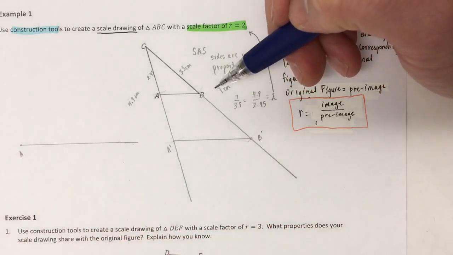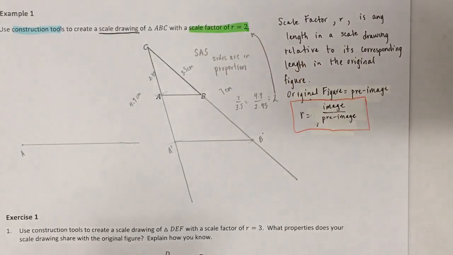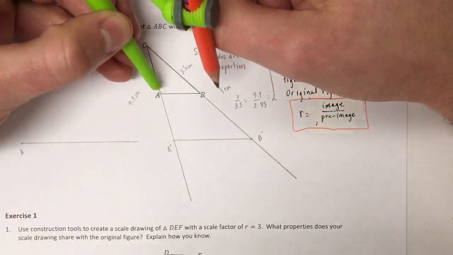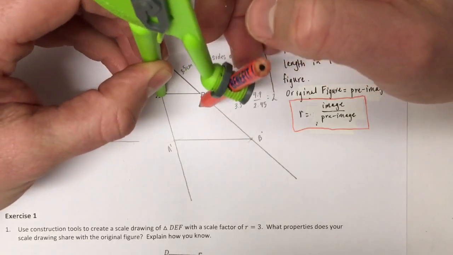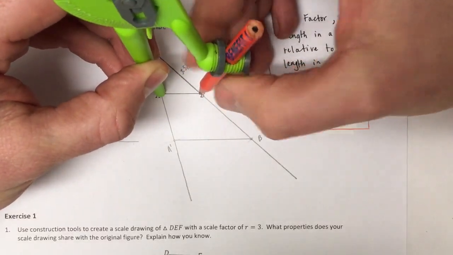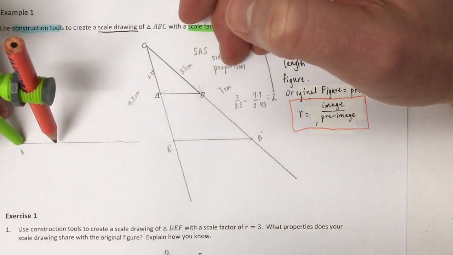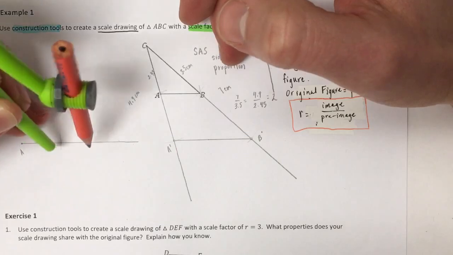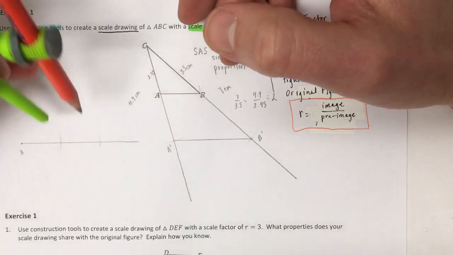Okay. And so again, what we do is we mark off B. And so now I can find B prime.